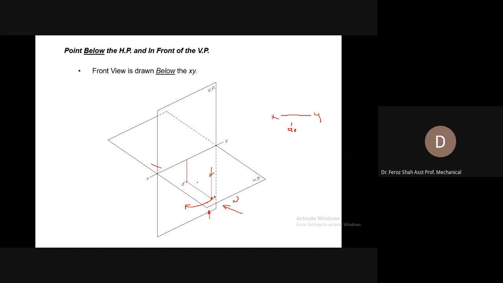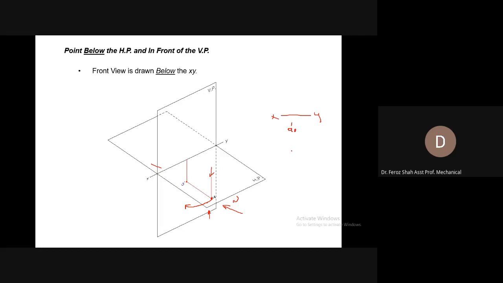That is why the fourth angle of projection, as we had seen in the second angle of projection, has a chance of overlapping as well. So that is why the second angle of projection and the fourth angle of projection are discarded and are not being used in engineering drawing because of this overlapping.